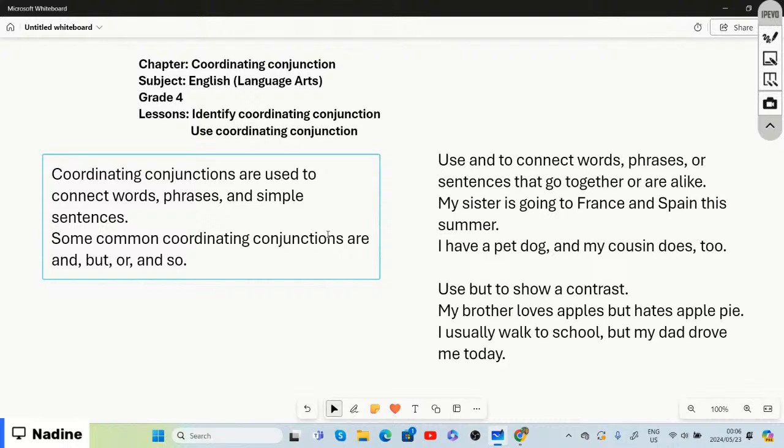All right, so a coordinating conjunction, or basically a conjunction, is used to connect words, either to connect phrases or we can connect simple sentences.